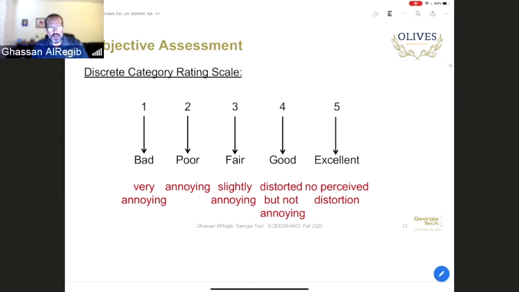If these are annoying, then that's poor quality. If there are distortions that are slightly annoying, not overwhelming in the whole image, then that's fair. If there is some observed distortion, but it's okay, then that's good quality. And if I cannot see any distortion whatsoever, then that's an excellent quality image. So this is a guideline to the observers in their assessment.